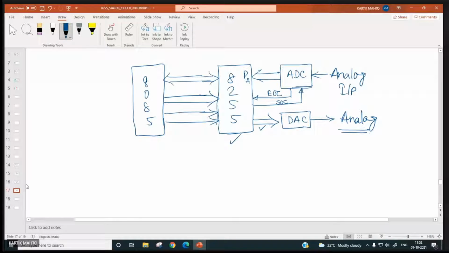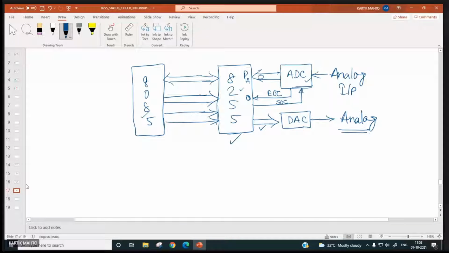So 8255 gives the signal to begin the conversion and waits for the EOC to arrive. When it arrives, 8255 understands that the converted data is available on the port. Only then will it attempt to read the data from the port to the 8085. And this is what we call the handshake signal.